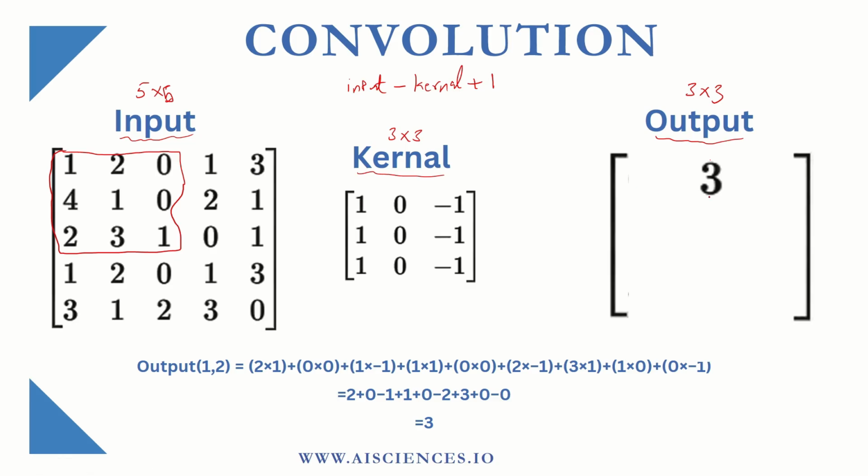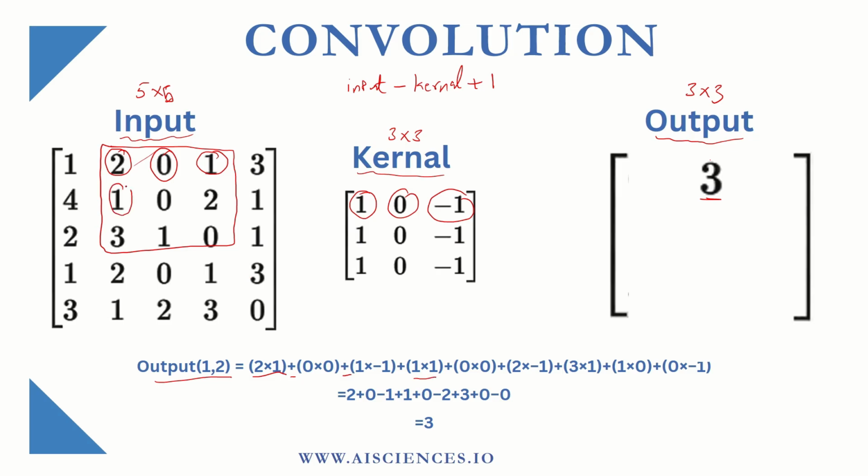Here, if you look at the calculations, we are multiplying 2 with 1, then adding 0 multiplied by 0, then adding 1 multiplied by minus 1, and then 1 multiplied by 1.